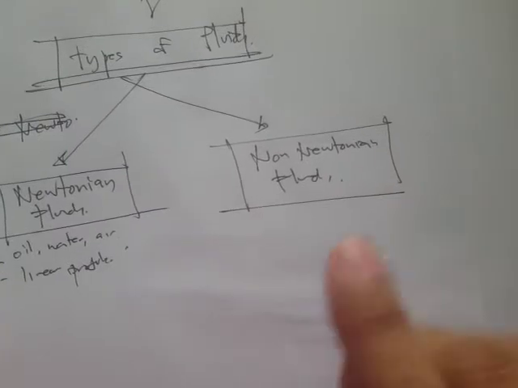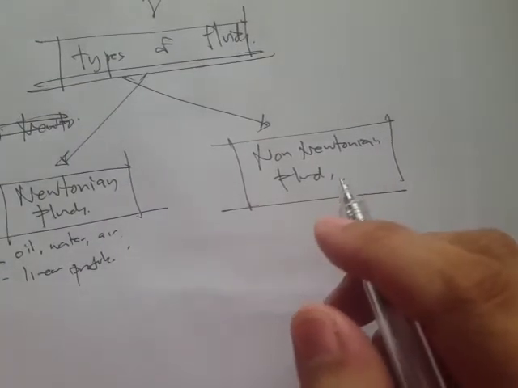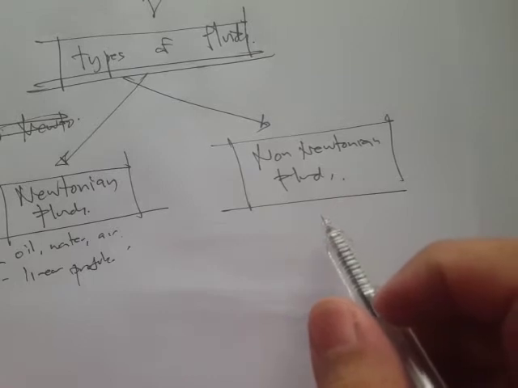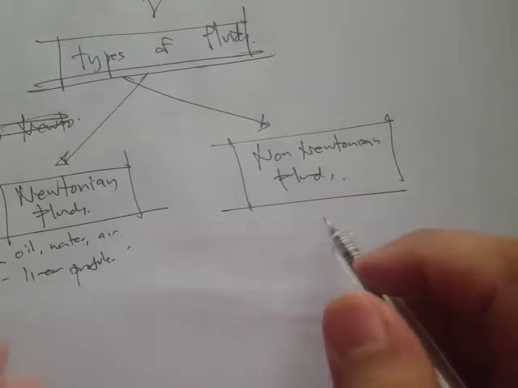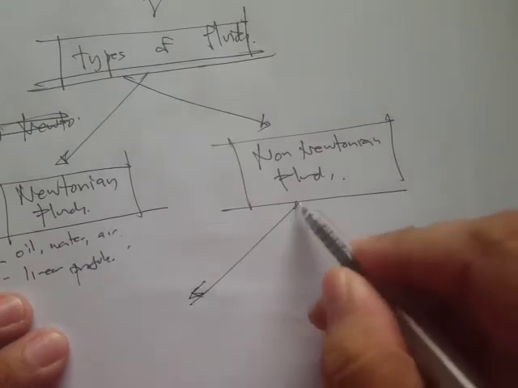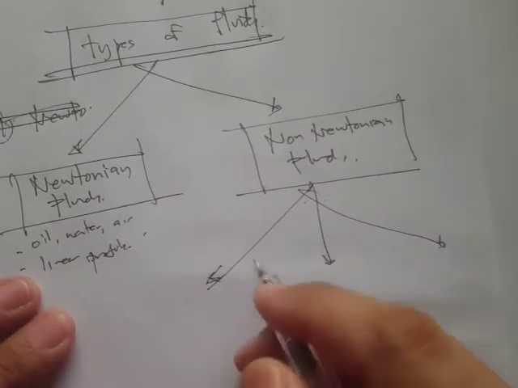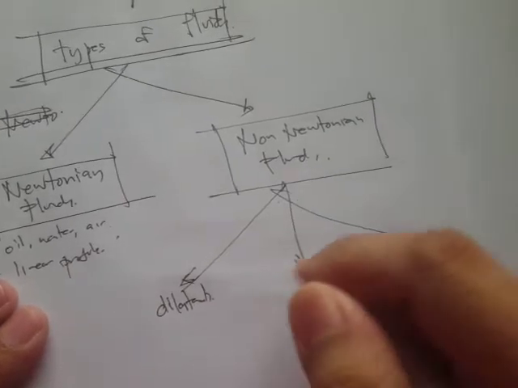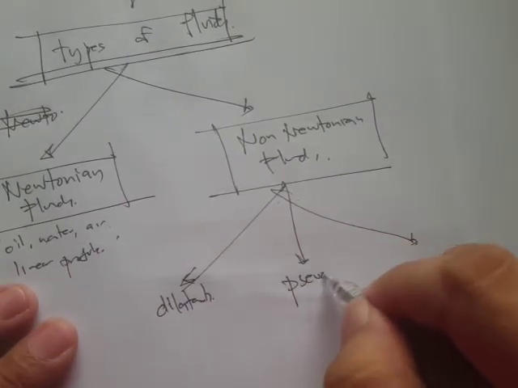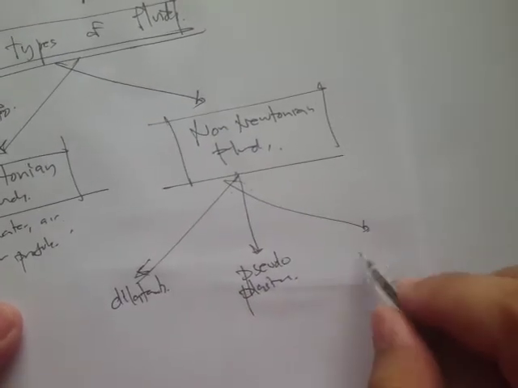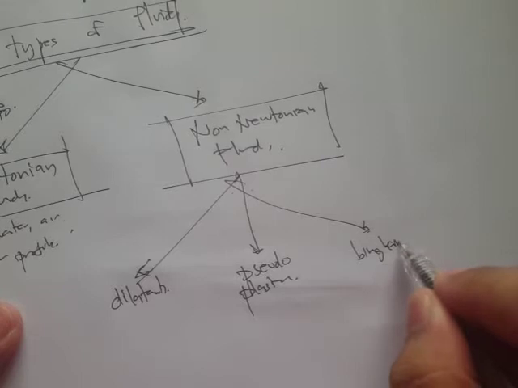But for non-Newtonian fluids, there are fluids that do not obey this or do not exhibit a constant viscosity all throughout. This is further subdivided or classified into dilatants, pseudoplastics, then Bingham plastics.